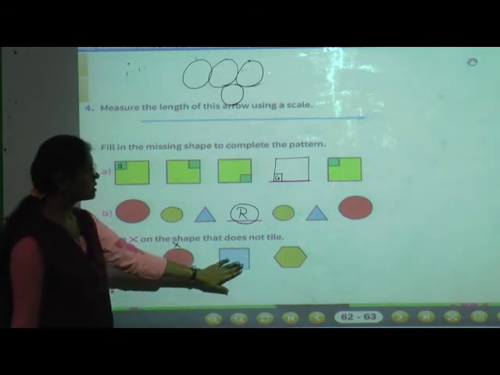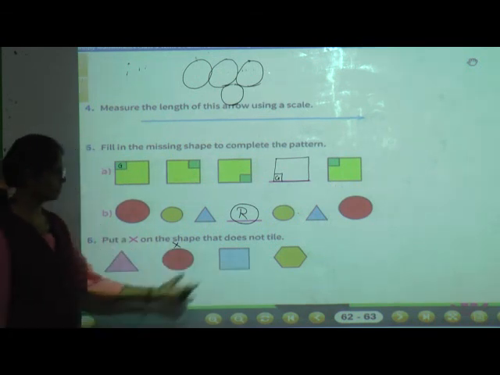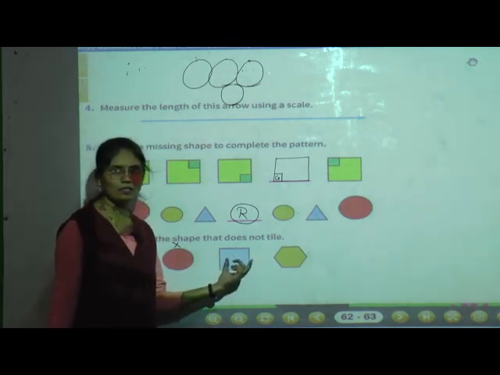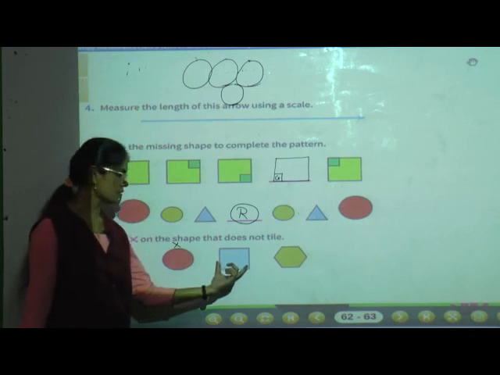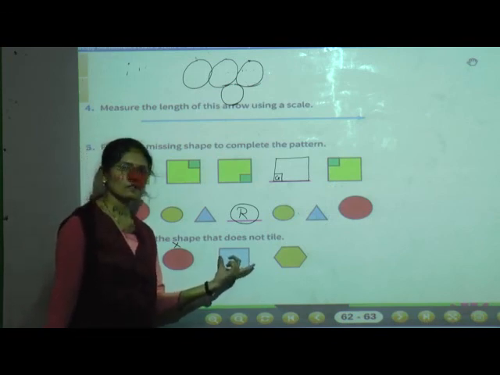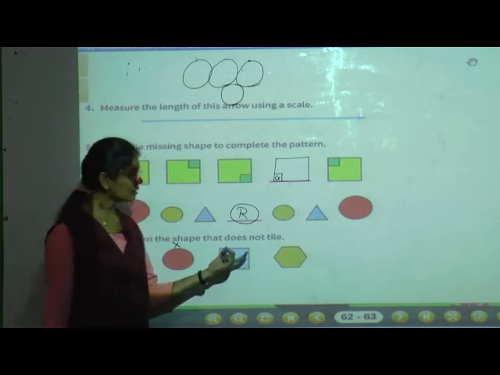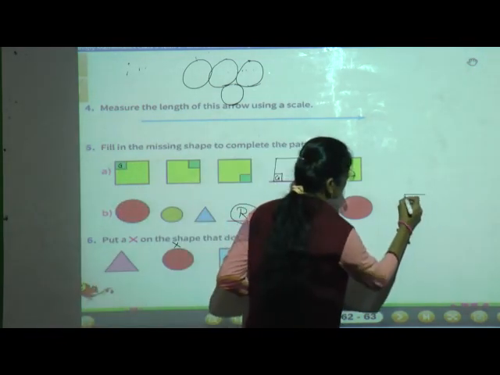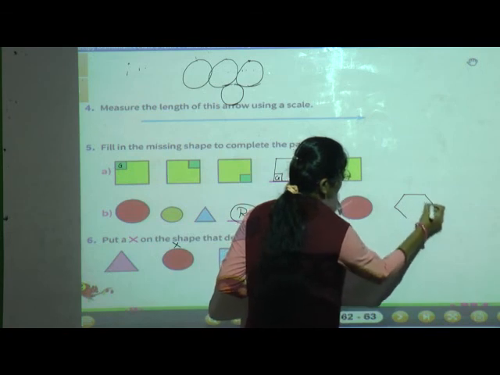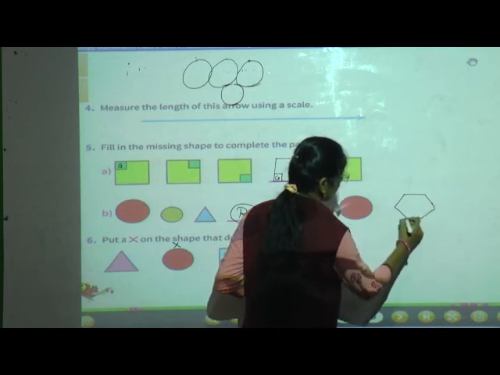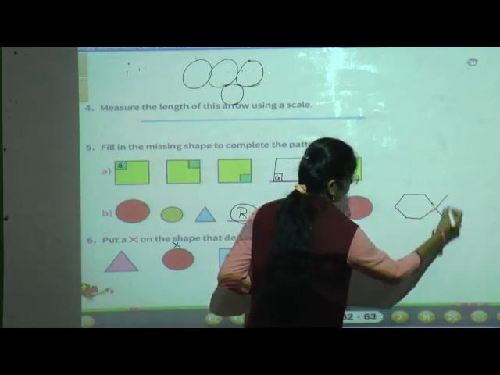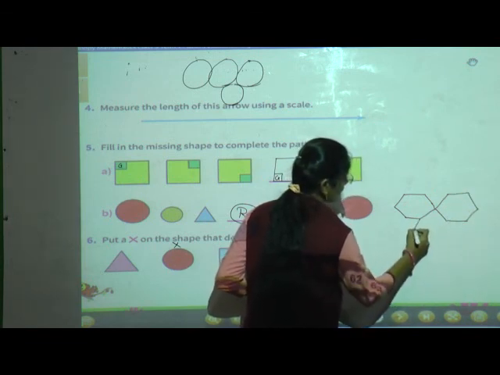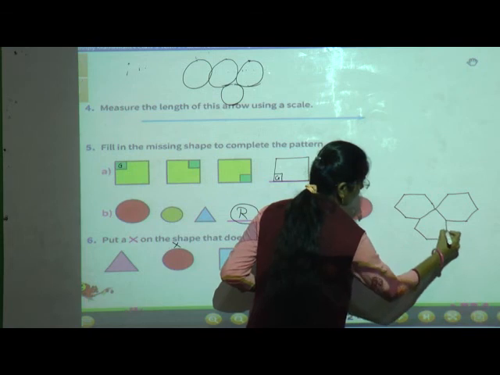Now see this square. In the very first session I told you, with the help of this square we can make tiling. And if we put the hexagons together, we can make a pattern or tiling also, without leaving a gap.